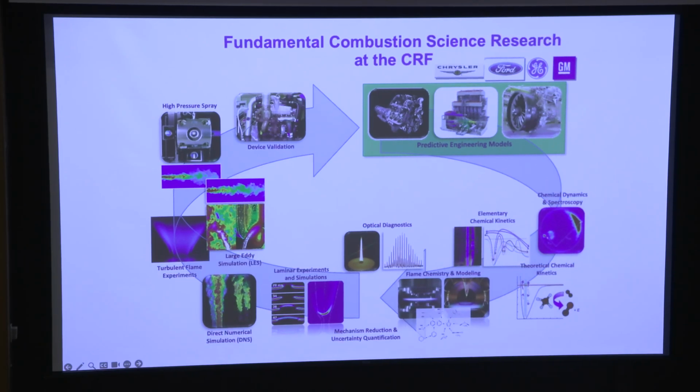And not only detailed models, but also mechanism reduction and uncertainty quantification.